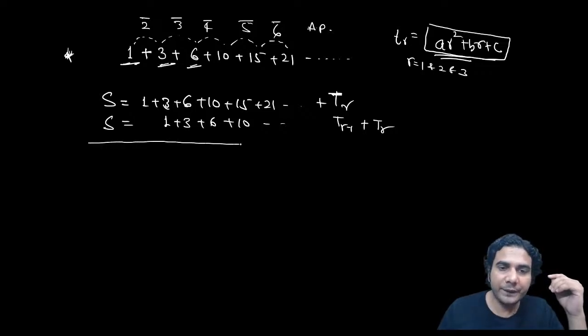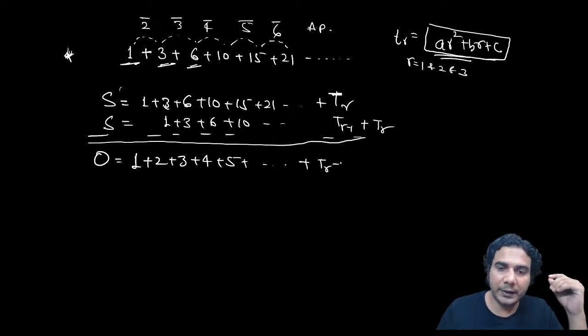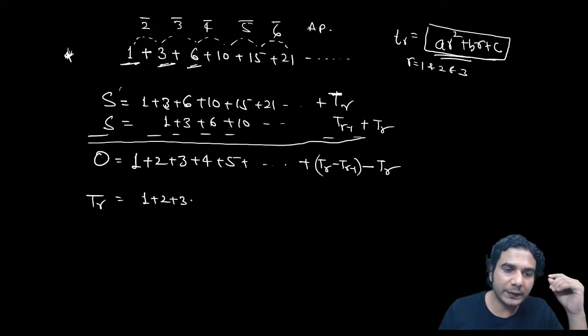So if you shift and subtract, this is called the method of subtraction. If you subtract, it is going to be 0 equals 1 plus 2 plus 3 plus 4 plus 5 and so on, plus Tr minus 1, minus Tr. So you get Tr equals 1 plus 2 plus 3 and so on up to r terms.